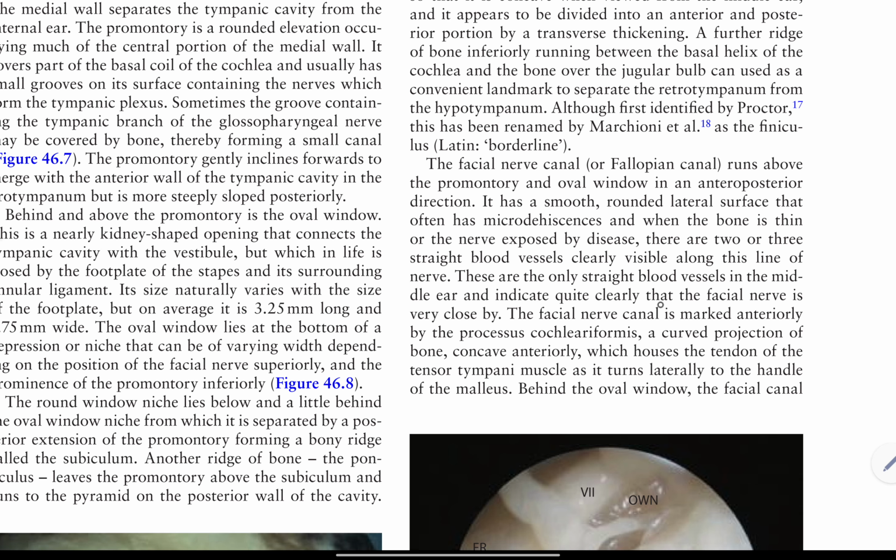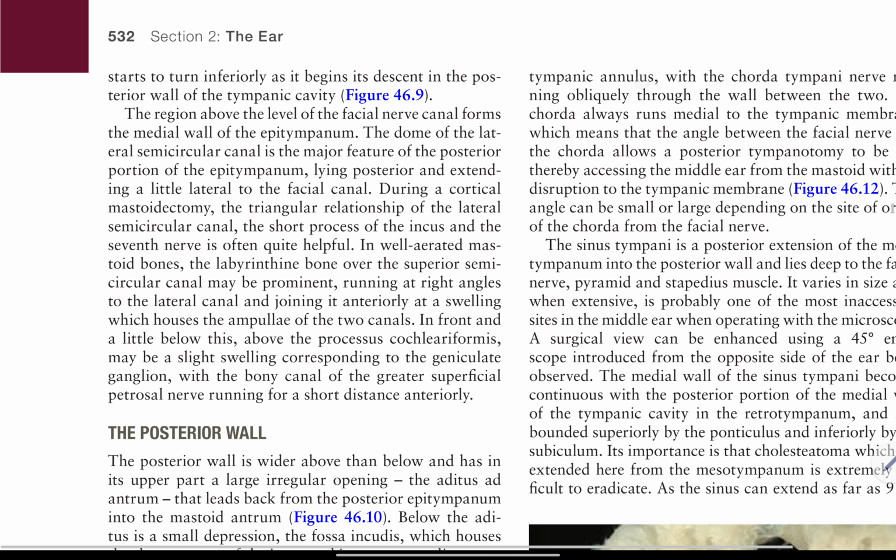The facial nerve canal is marked anteriorly by the processus cochleariformis, a curved bony projection, concave anteriorly, which houses the tendon of the tensor tympani muscle as it turns laterally to the handle of the malleus. Behind the oval window, the facial canal starts to turn inferiorly as it begins its descent in the posterior wall of the tympanic cavity.